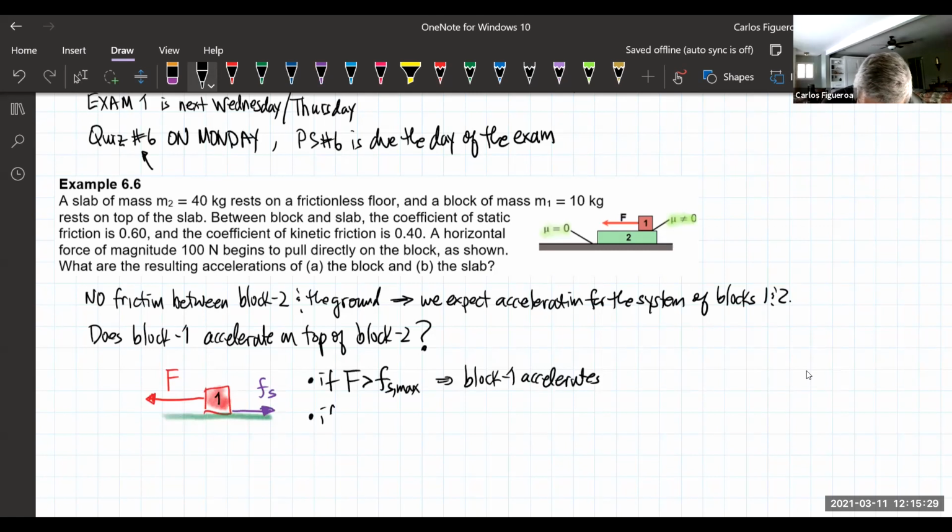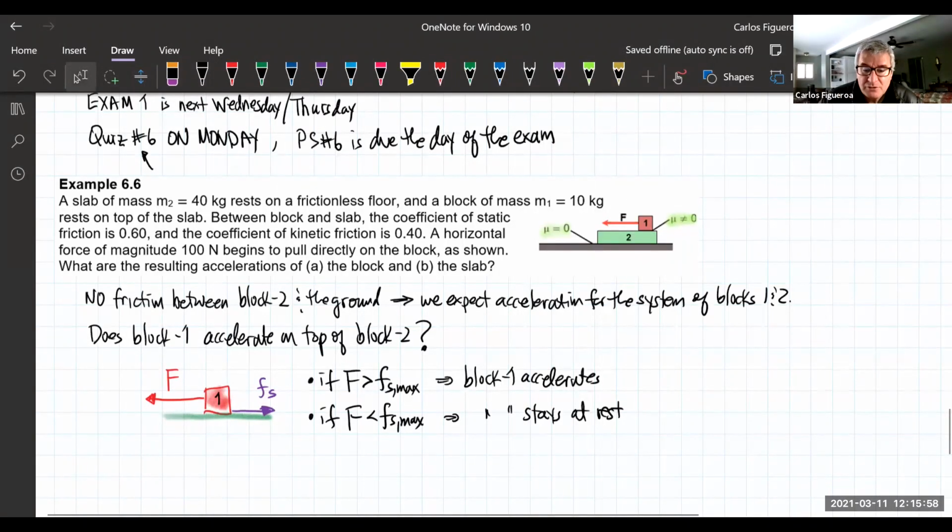However, if the force is less than static friction, then we can say that block 1 stays at rest. And therefore, the static friction is really the force that's going to make the system 1, 2 accelerate. Okay, so let's go look at this thing here.